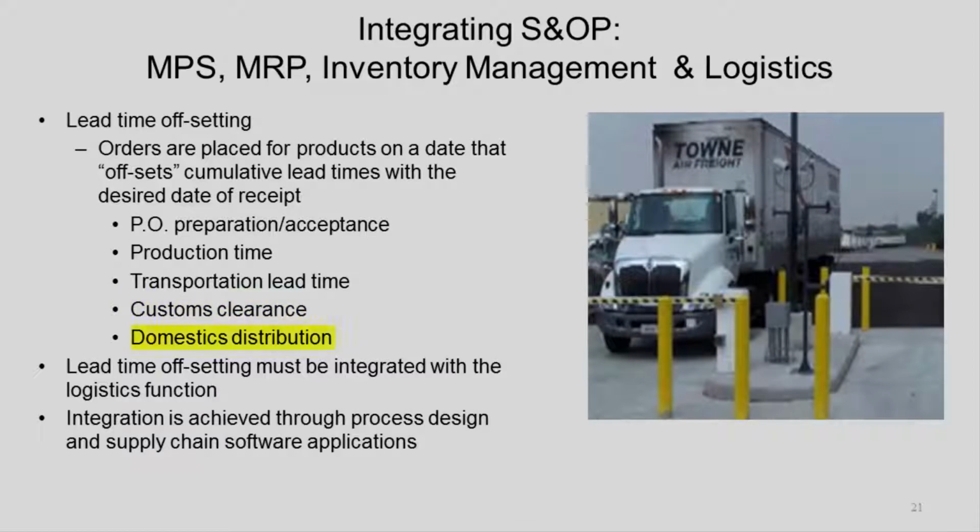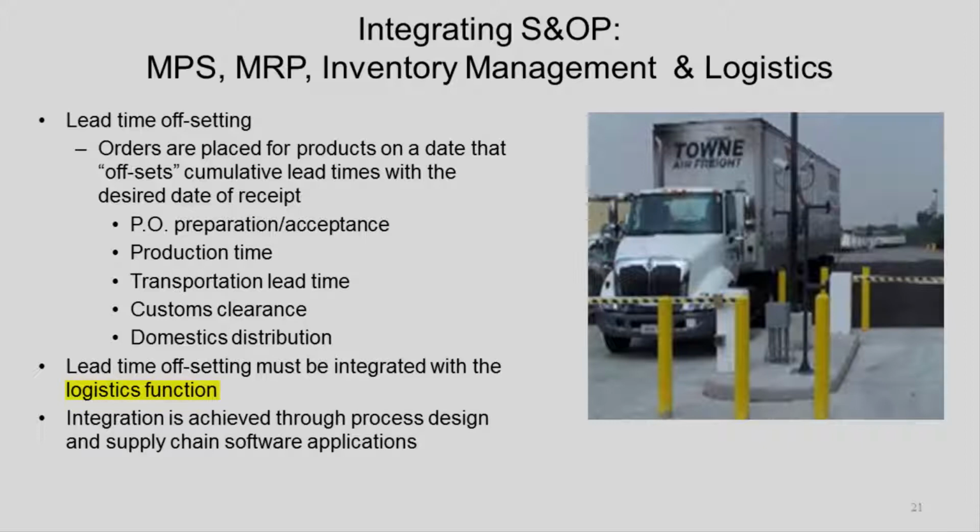And then domestic distribution. So lead time offsetting combined with gross to net exploding emphasizes quantities, in what time periods, and the lead time. When do we have to place orders for the quantities that we desire? Second bullet point, lead time offsetting has to be integrated with the logistics function.